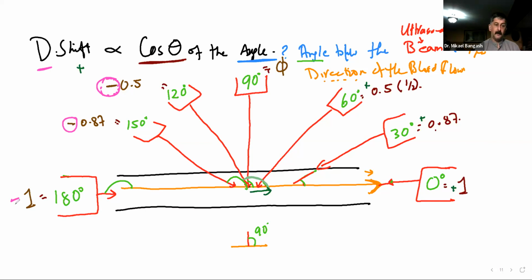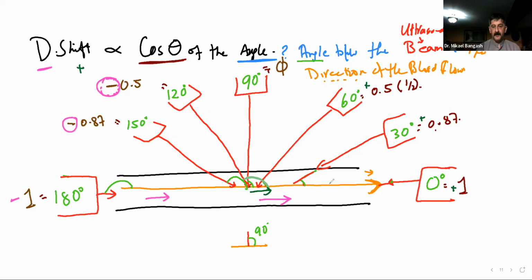So what does that mean? It's going to be a negative Doppler shift because this is where you're scanning from, and the direction in which the blood is flowing is away from the transducer. In this instance, it is flowing in this way.